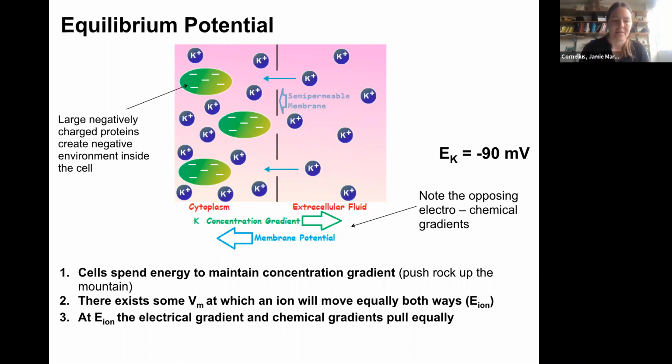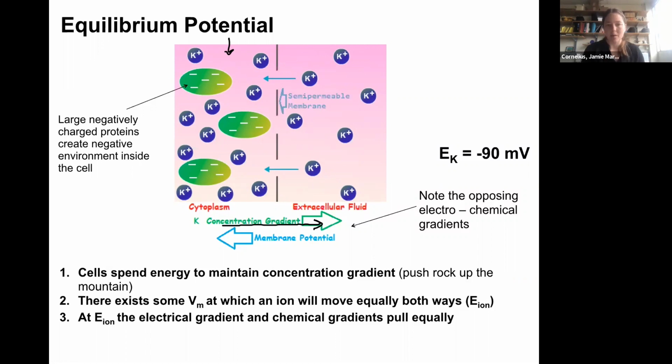Because the cell does work, it spends ATP to keep potassium at a high concentration inside the cell. So that's on this side. Here's the inside of the cell. Then we have a situation where we have more potassium on the inside of the cell relative to the outside of the cell. So its concentration gradient here is pushing potassium out.